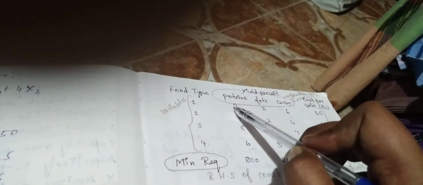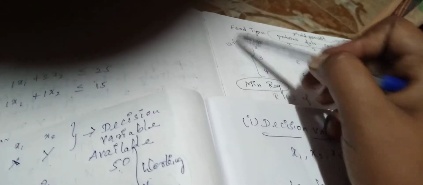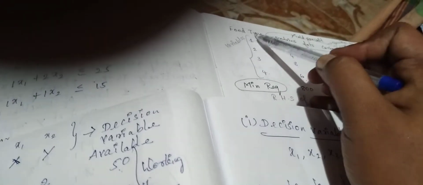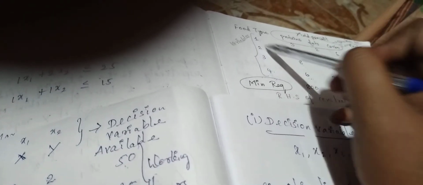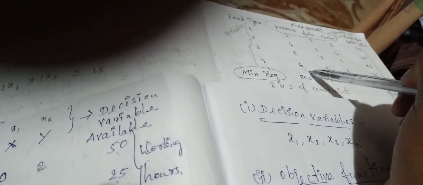Please don't get confused when you are writing the answer. Please don't write like 3x1, 2x2, 6x3, because they have given the variables from top to bottom. 4 variables they have given, so we need to write the 4 variables in the constraint.